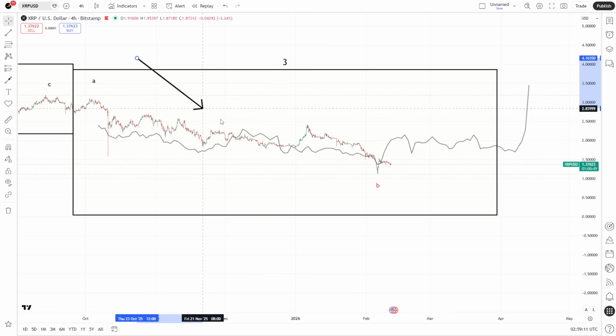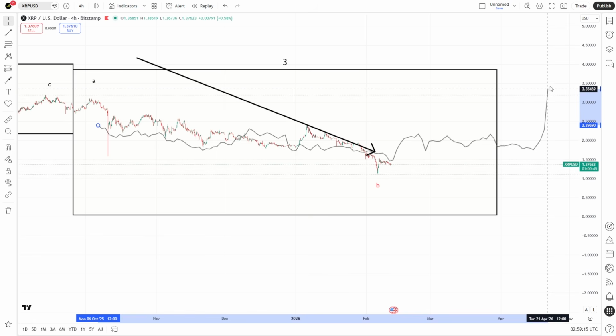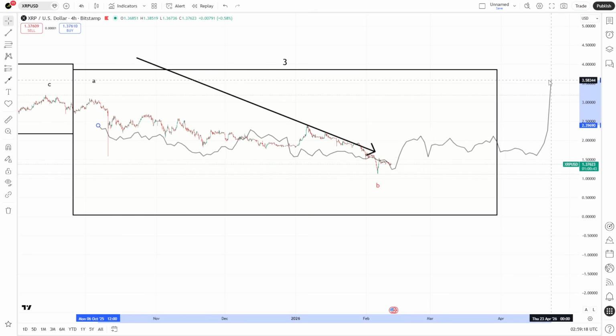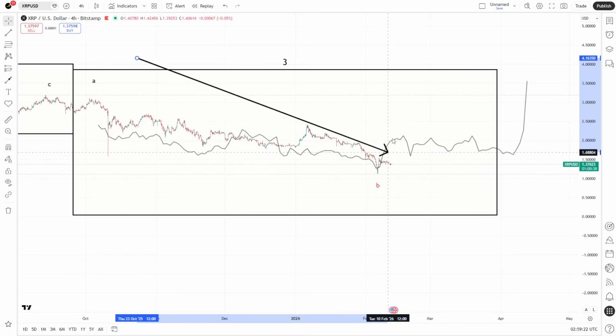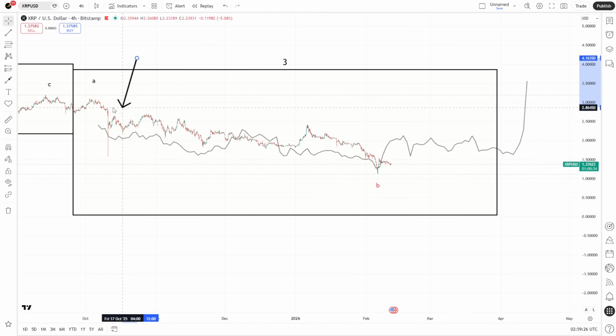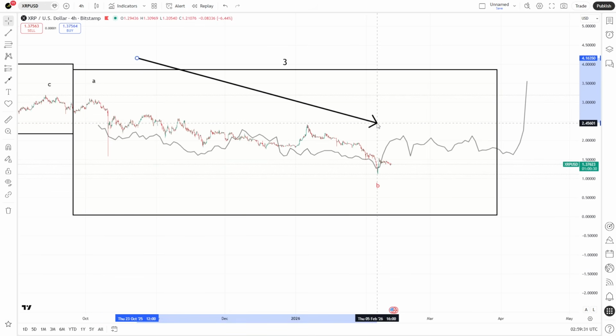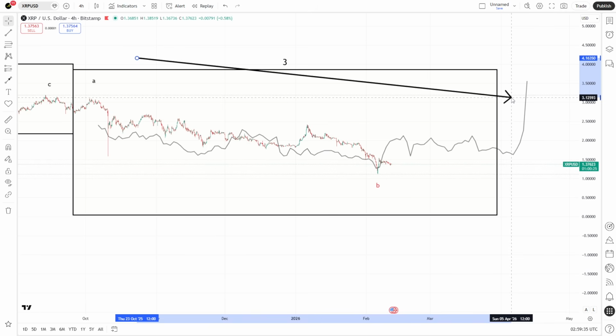So if something like this would be at play, whether this is the low or it's further down the line, we would come to a low, and then at some point we would recover. And as I've pointed out in previous videos, that could potentially be somewhere around the high of this fractal. We would go into a second correction, and then once that completes, we'd go into the bull run.